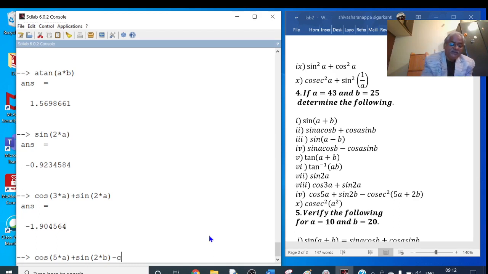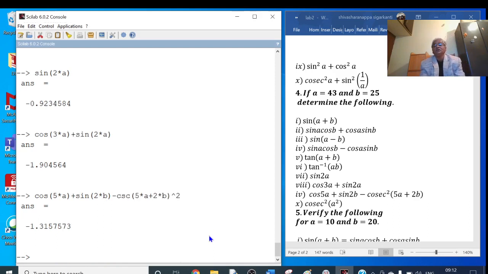For cosecant, CSC in the bracket 5 star A plus 2 star B, close bracket, power 2. Press enter. I am getting this.